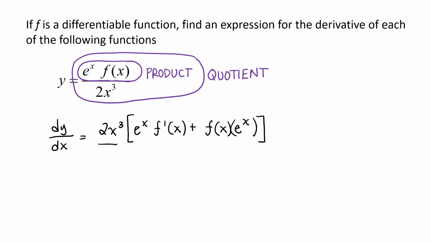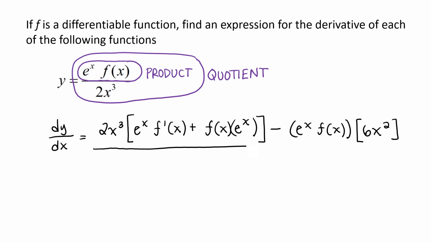So we have our low d high. Now we need our minus high d low. The derivative of 2x cubed is 6x squared, all over low, so all over 2x cubed squared.